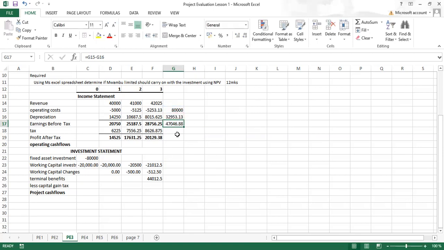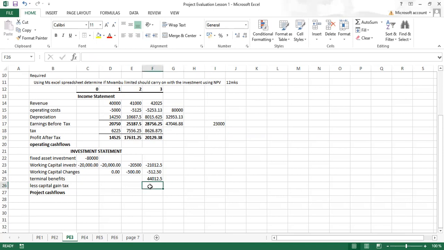So this is what will be taxed. So it will be equals point. No, this is not what will be taxed. What will be taxed, it will be the salvage value is 23. Let me write that one first. 23, 1, 2, 3, enter.